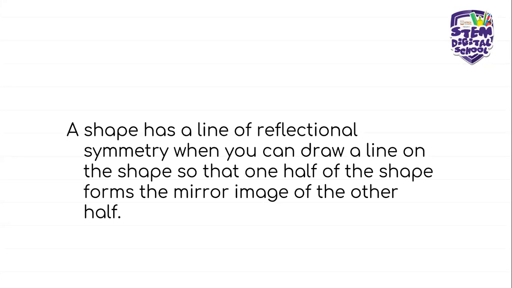So we say that a line of reflectional symmetry exists when you can draw such a line on the shape so that one half of the shape forms the mirror image of the other half.